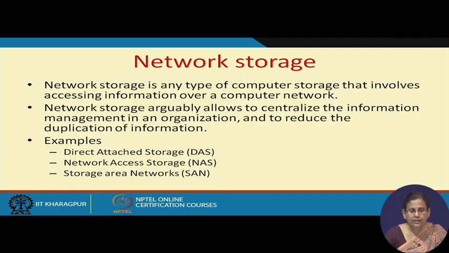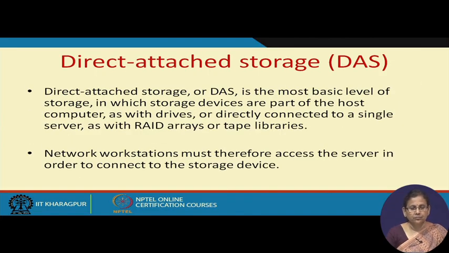There are three types: direct attached storage, network attached storage, and storage area network. In case of direct attached storage, which is a basic form of storage, the storage devices are part of the host computer as drives and directly connected to a single server, with RAID arrays and all.